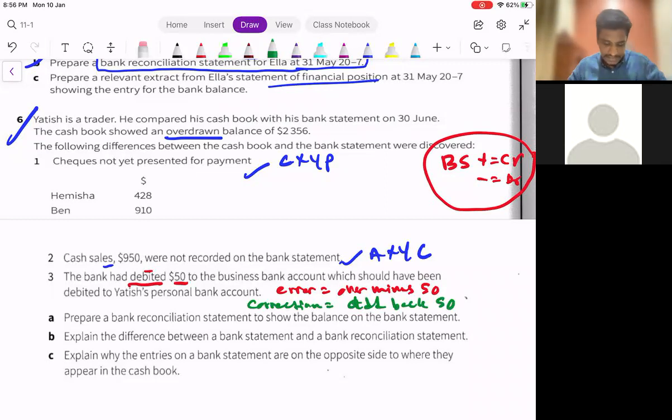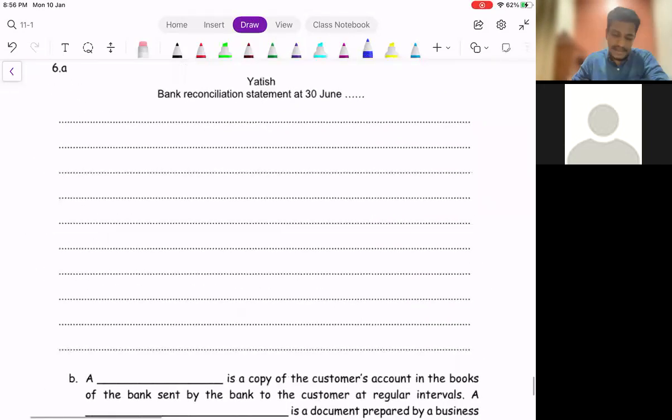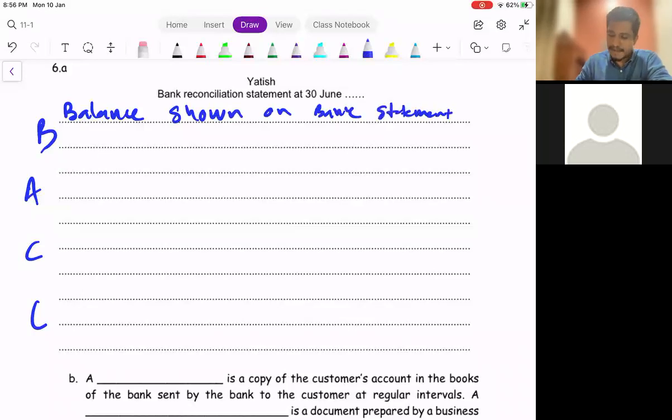Okay, so these are the 3 things we need to prepare the bank reconciliation. Always follow the formula BACC. So I go to the place where I prepare it. BACC: B stands for balance shown on bank statement.